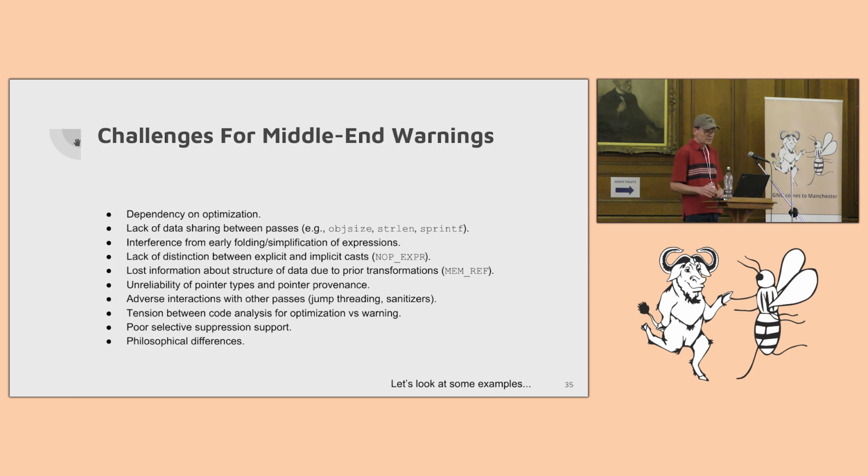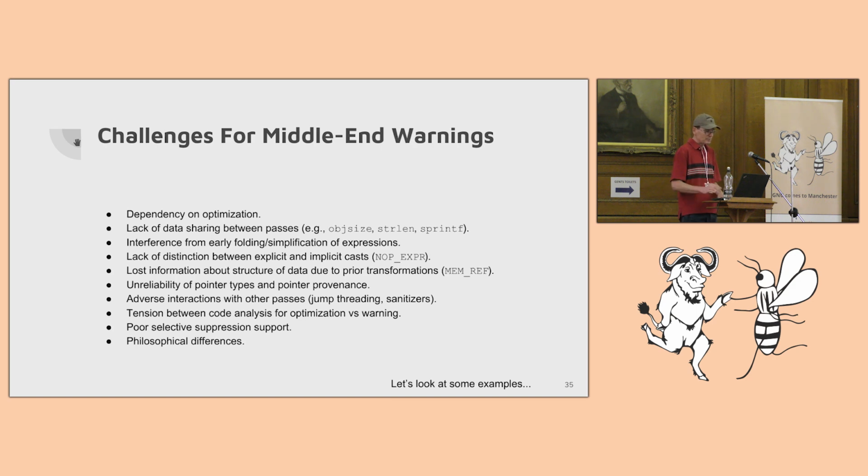There's also tension between code analysis and optimization versus warnings. Optimizations tend to be focused on correct code, whereas warnings tend to focus on finding buggy code. So where it might be perfectly acceptable and appropriate for an optimization pass to give up pursuing a certain type of analysis, the warning pass might be interested and might benefit from pursuing that kind of analysis further to determine whether that code may or may not contain an underlying bug.